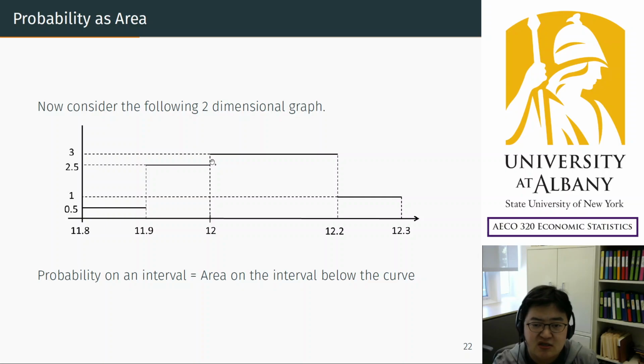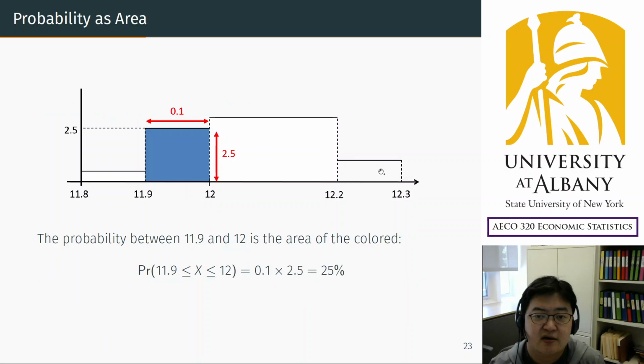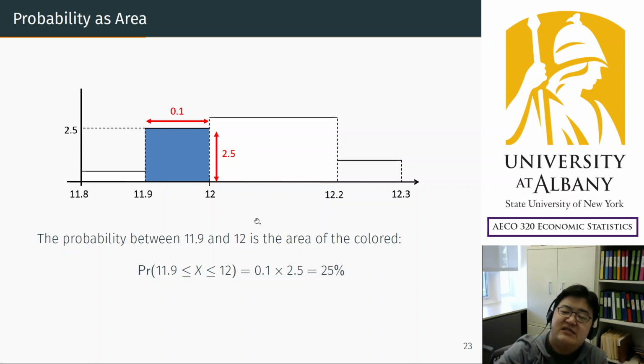So this is the area like this, right? This colored area captures the probability. The width of the interval is 0.1 and the height of the curve is 2.5. You know how to calculate the area of a rectangle.